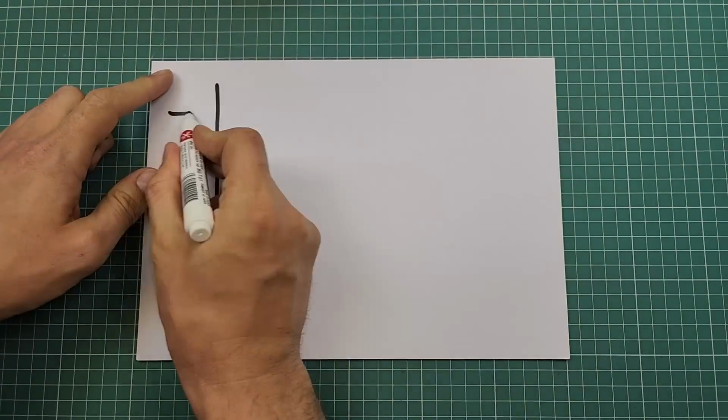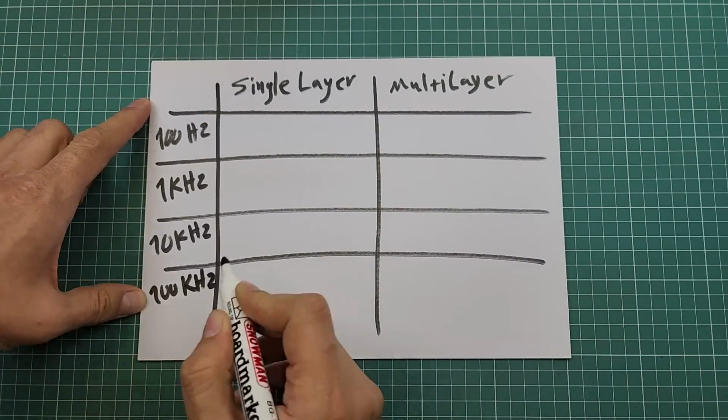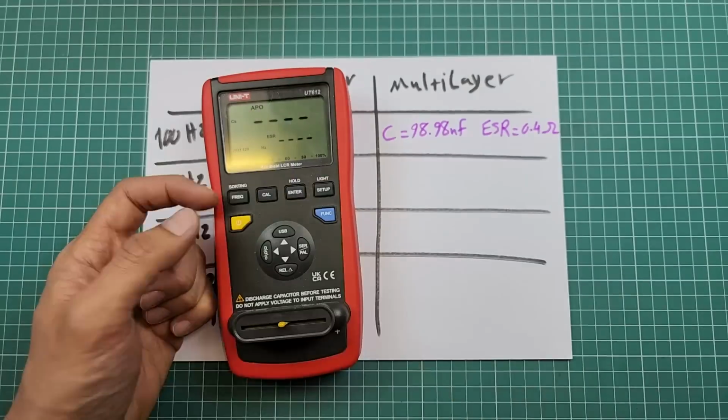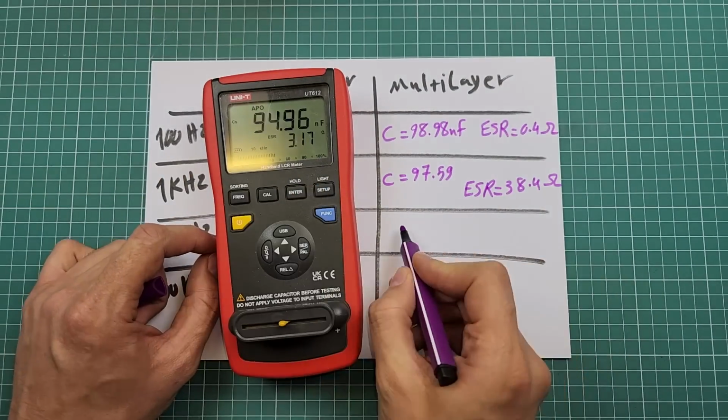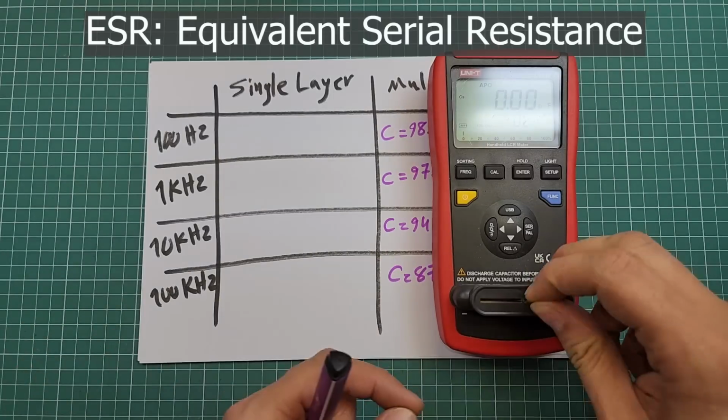I'm gonna measure the capacitance of both capacitors at 100 Hz, 1 kHz, 10 kHz, and 100 kHz to see how their capacitance changes at different frequencies. I'll also measure the ESR value to indicate the performance of the capacitors.